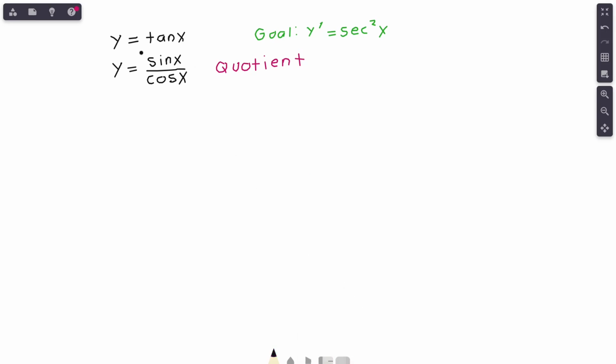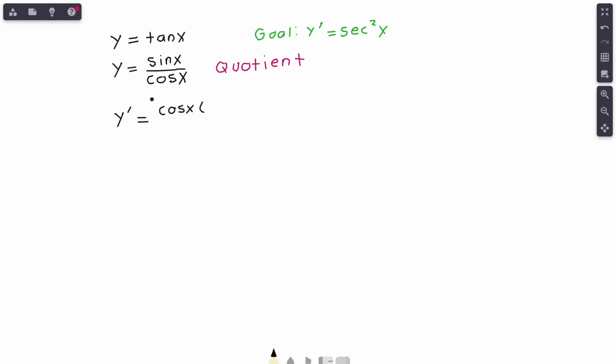So to find the derivative, we could use the quotient rule. So taking the derivative, it's going to be low d high minus high d low all over low squared. So it's going to be low, which is cosine x, d high. So what's the derivative of sine, the high, the numerator?